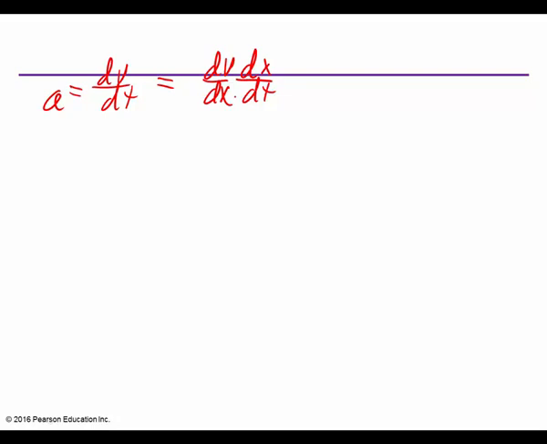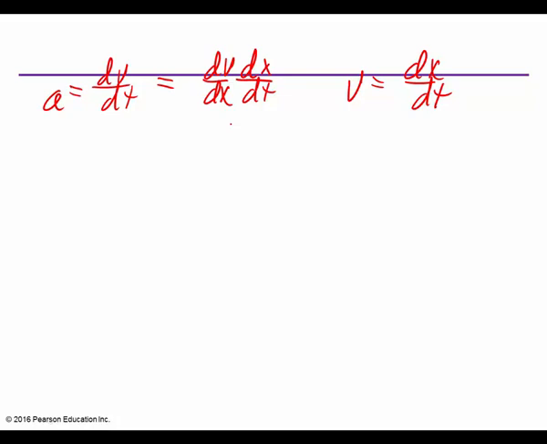Okay? Because what is velocity? Velocity is the rate of changing position. Remember, velocity is dx over dt. So what is acceleration? Well, in a sense, acceleration can also be looked at as the rate of changing displacement.